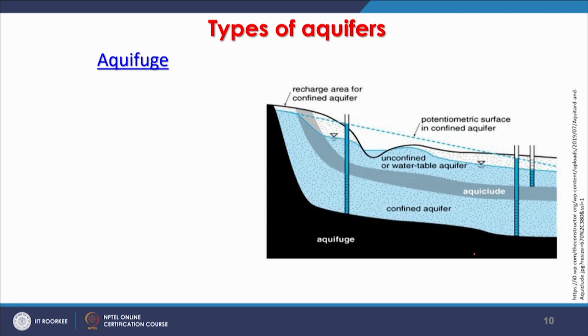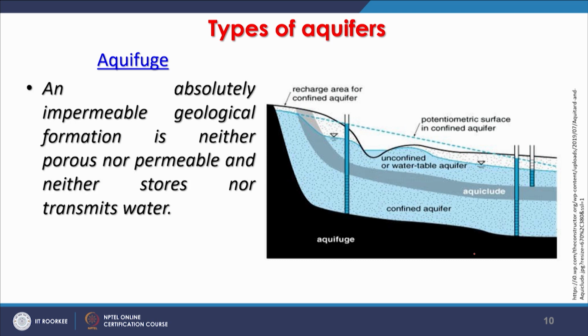Now, another type is aquifuge. It is an absolutely impermeable geological formation, with no possibility of movement of water through it, neither porous nor permeable, and it neither stores nor transmits water. It is completely hard rock with no pore spaces and no permeability.